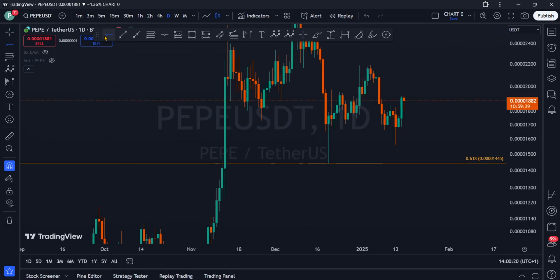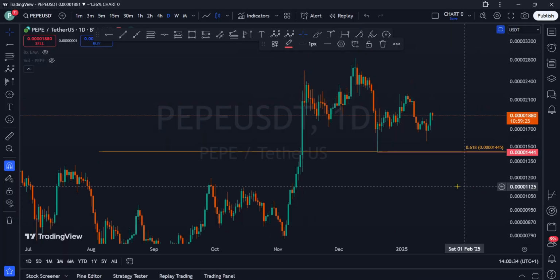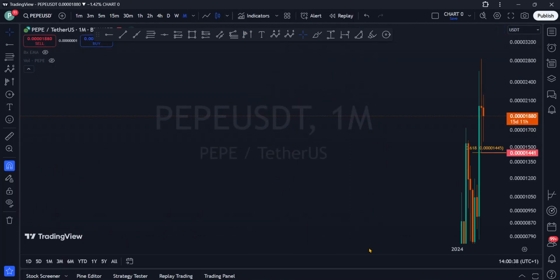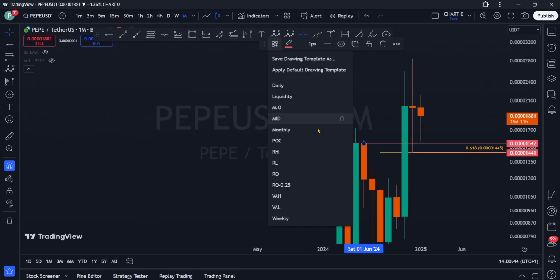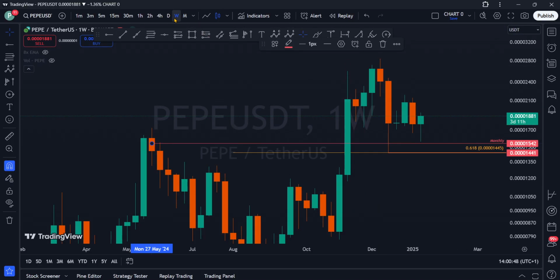So we have a swing low here, which also means that's the liquidity zone. We have a swing low there, and we also have the 0.618 Fibonacci retracement level in confluence right there. And if I look onto the monthly charts, I can also spot a monthly level very close to that area, which is right about there. That's going to be a high time frame level.